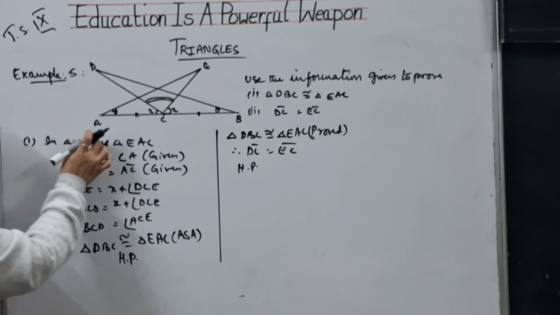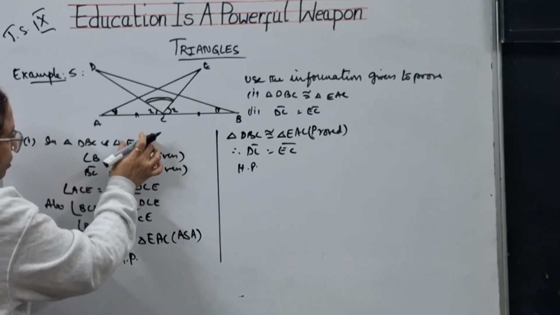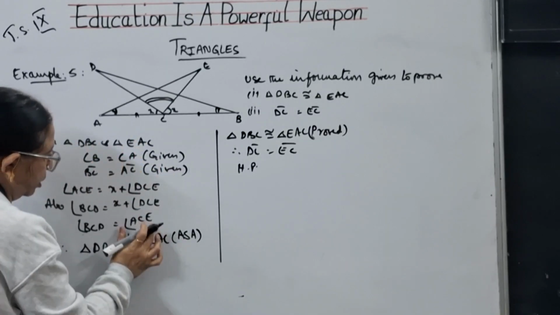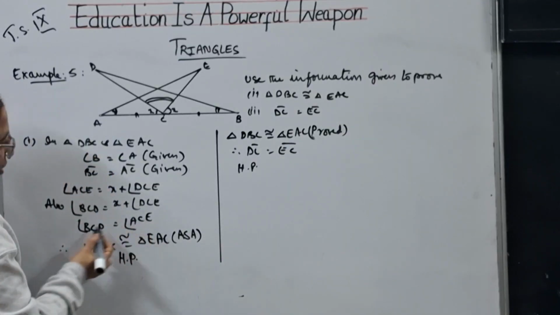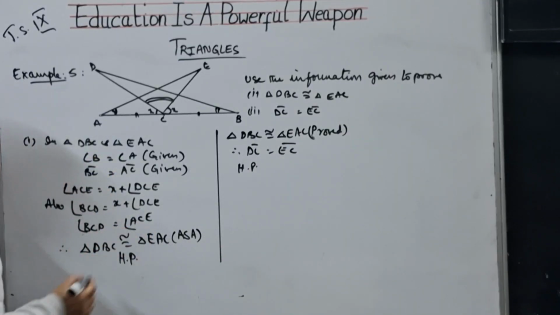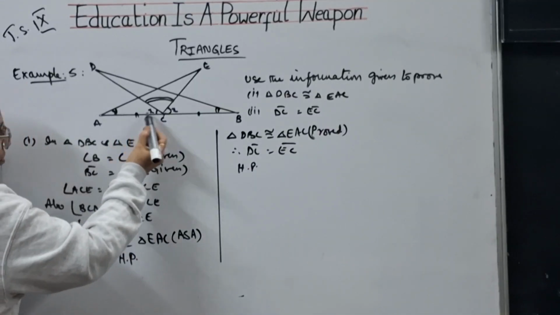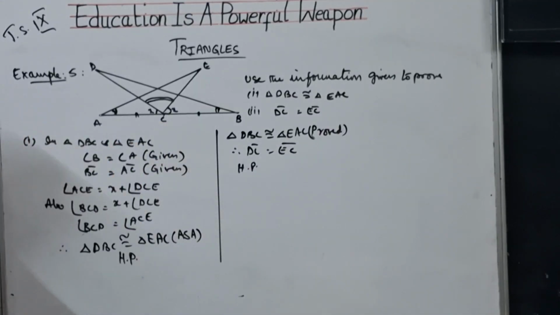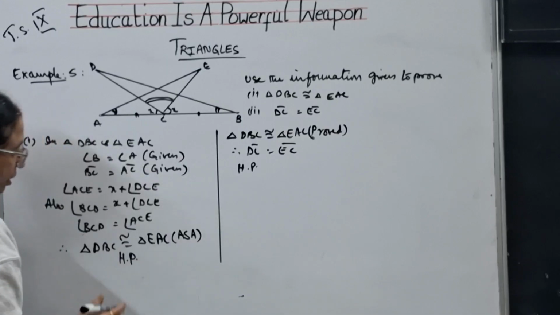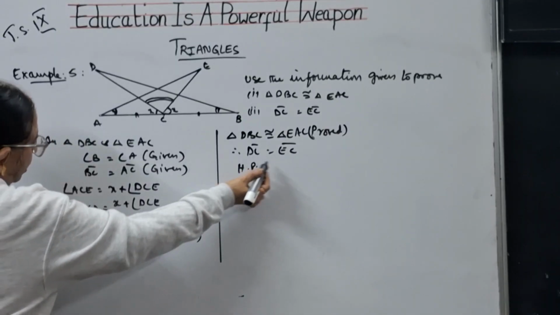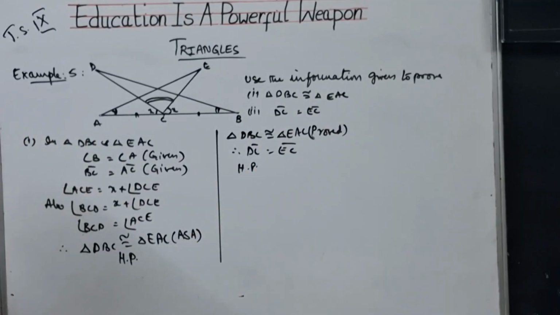All these triangle DBC values should be on this side, and all these triangle EAC values should be on the right side. So these two triangles are congruent based on angle, side, angle property, children. So I hope I am clear. Now when these two triangles are congruent, automatically their sides are also equal. Please note it down.